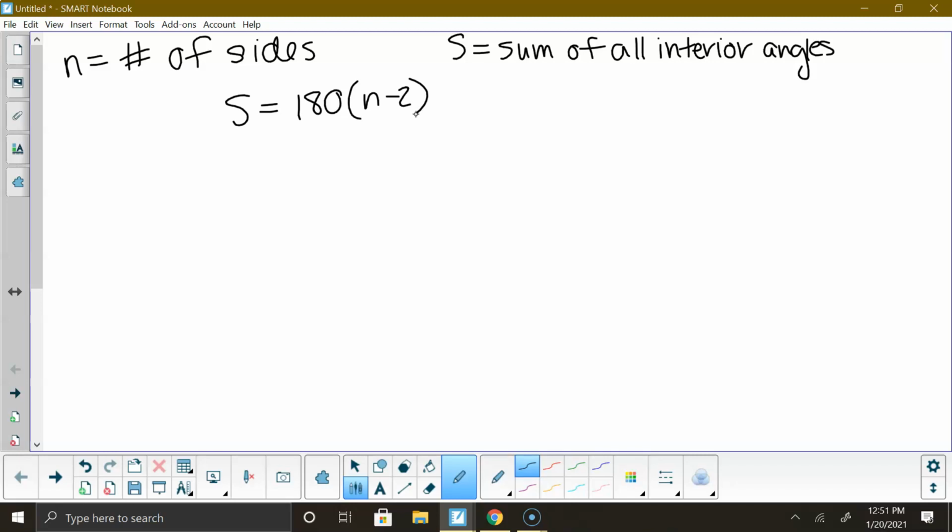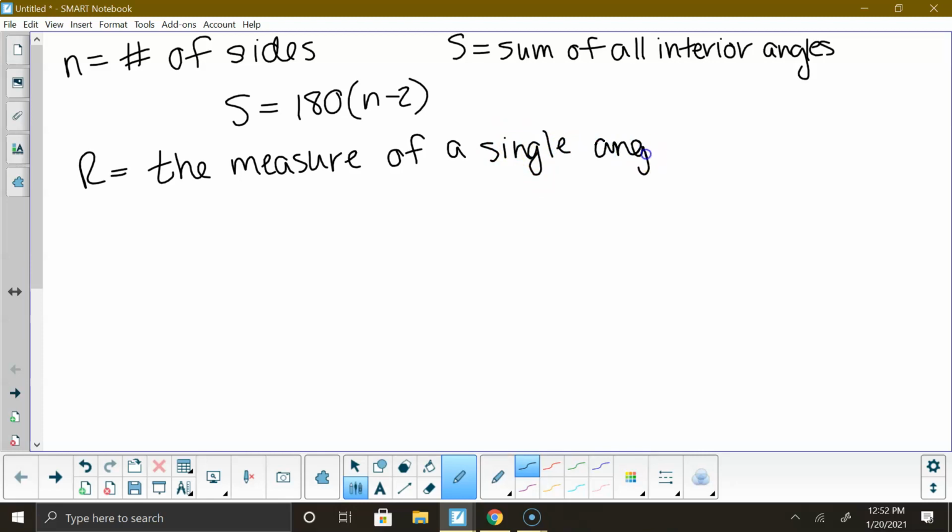All right, so that's one of your formulas. The other formula you're going to have has to do with regular polygons. So R is the measure. Now the part that's really important is this whole thing of being regular.